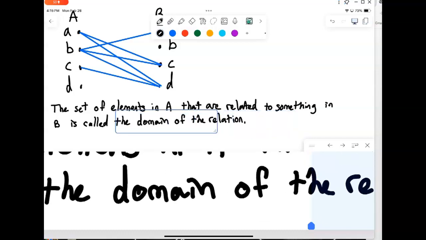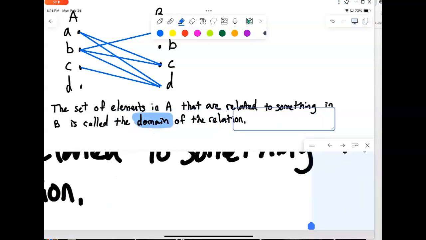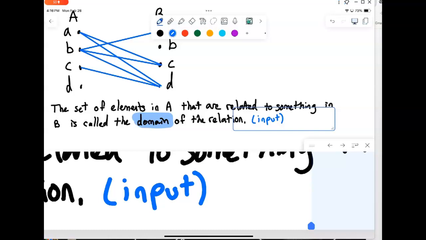In other words, it's the stuff that's going into the relation. It's the input of our relation.